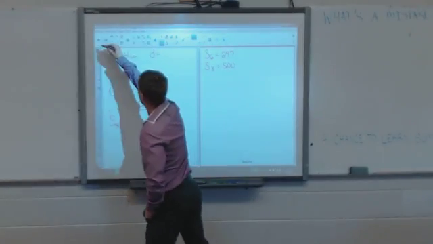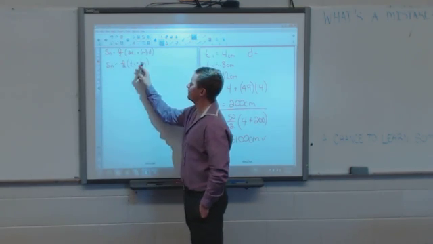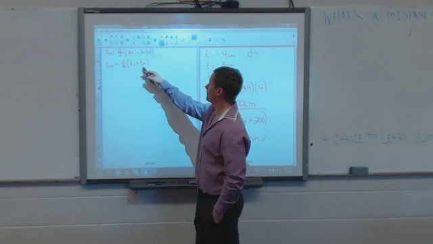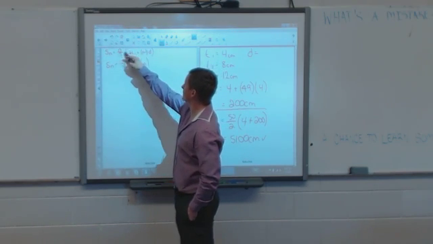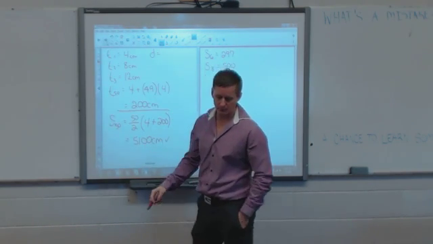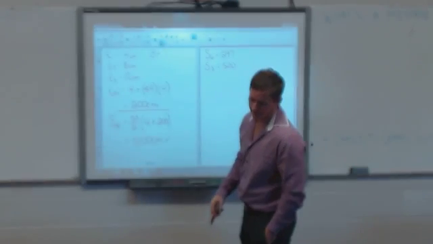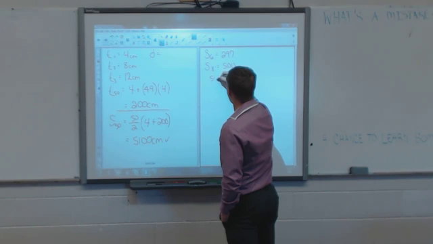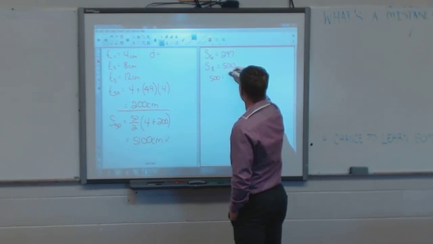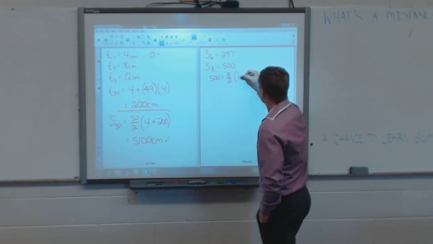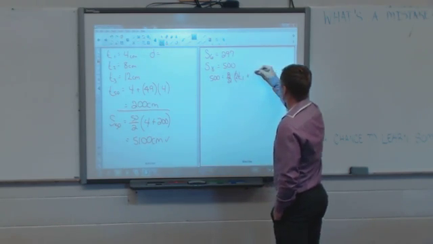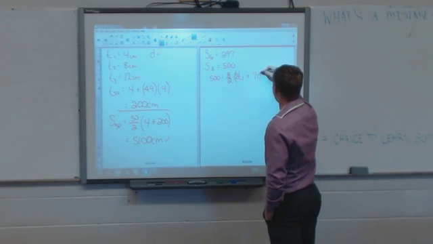So now, what that means is I can't use this equation here because I don't know the nth term and I don't know the t1. So I'm going to have to use this equation up here in order to do it. So 500 again is equal to 8 over 2 times 2t1 plus n minus 1, so that's 7d.